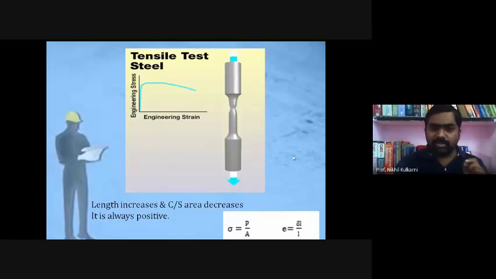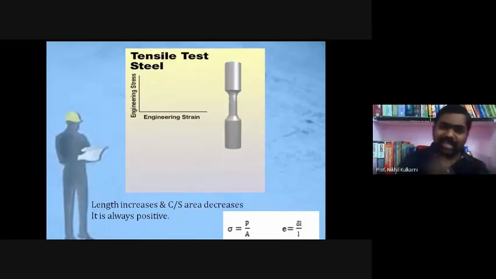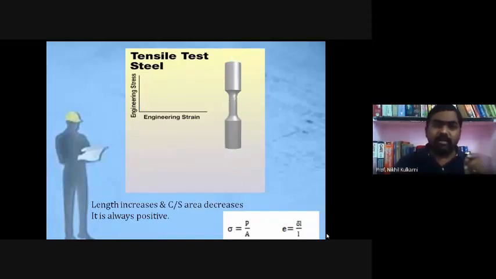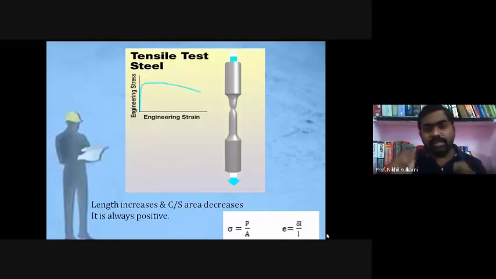Got it? So this is your tensile stress and tensile strain. The formula for tensile stress will be the same as for stress, P by A, force upon area, and here it is also having change in length by original length for strain. And remember here the stress has unit Newton per mm square or kilonewton per mm square, that is what is called megapascal or gigapascal.